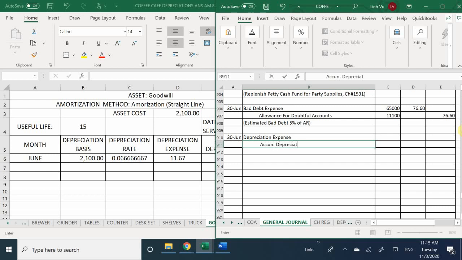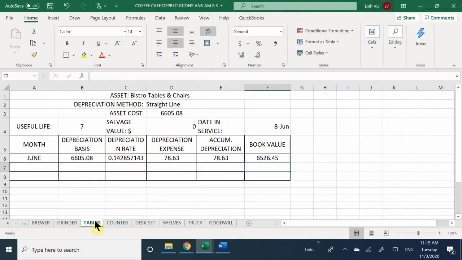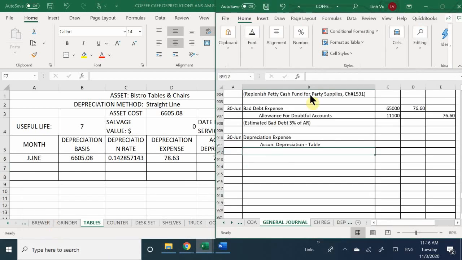How much did I calculate for my accumulated depreciation for the tables? $7,863. Okay. So the next thing on my list is accumulated depreciation counter.